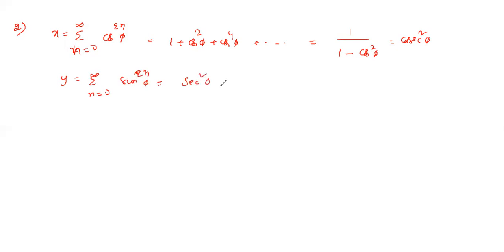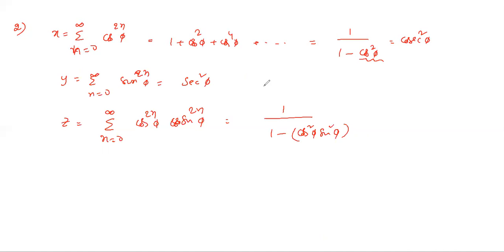Same pattern is there. Next, z equals sigma n equals 0 to infinity cos power 2n phi sin power 2n phi. If you expand like this, we get 1 minus cos square phi sin square phi. Because in both earlier cases you will get only 1, in this you will get 1 by 1 minus sin square, only 1.